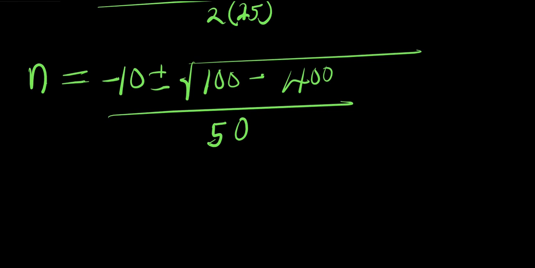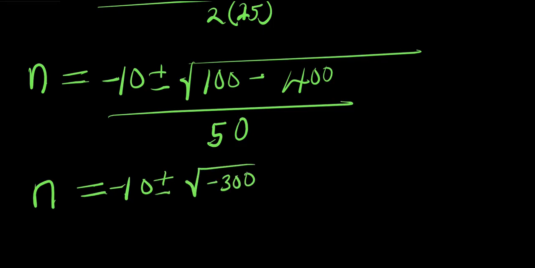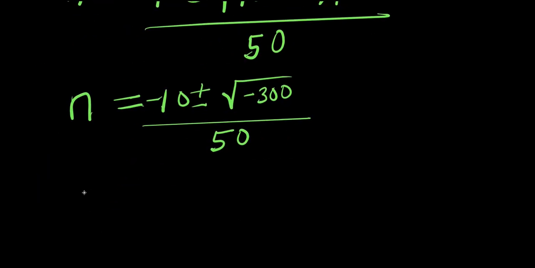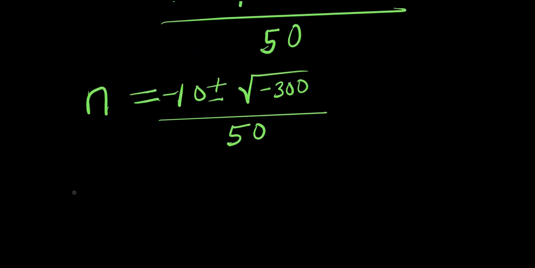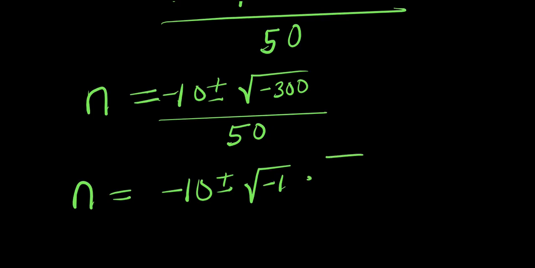So from here, n equals negative 10 plus or minus square root of negative 300 divided by 50. So from here, n equals negative 10 plus or minus, there's minus here, square root of negative 1 times square root of 300, divided by 50.